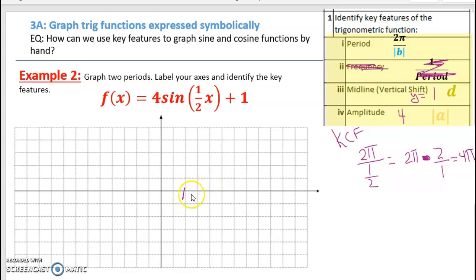So if you have a choice, you're going to do 1, 2, 3, 4 hash marks, and that's where we're going to put 4 pi. So our period would be 4 pi. 1, 2, 3, 4 hash marks, we put a negative 4 pi. Halfway would be 2 pi.